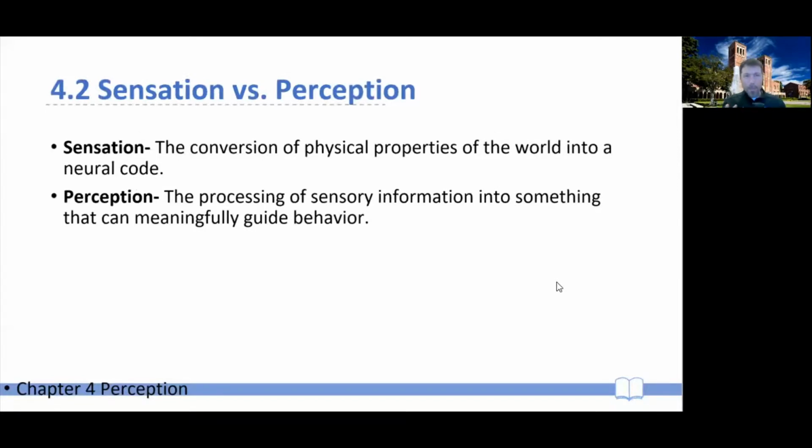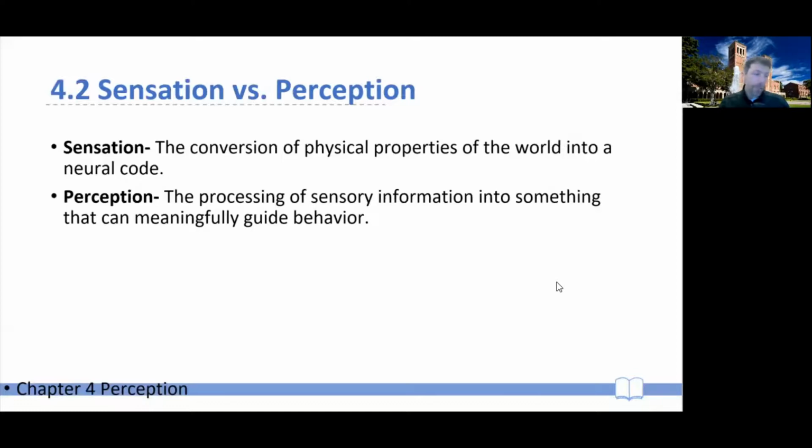Now, when we talk about perception and understanding the world from out there into in here, we do separate two important aspects of this process. One is sensation, and the other one is perception. Sensation is literally the conversion of physical properties of the world, so energy from out there in the world, into the neural code.